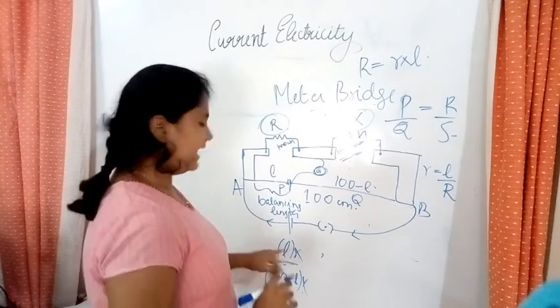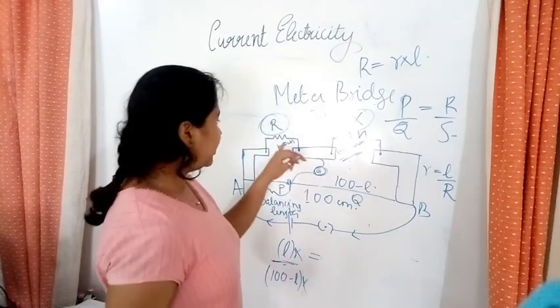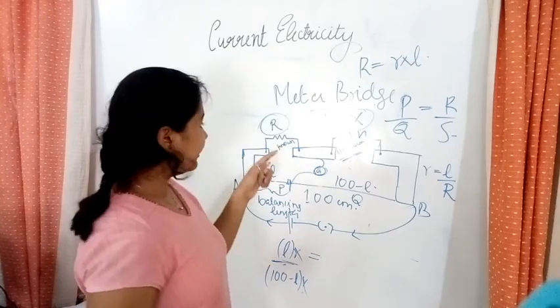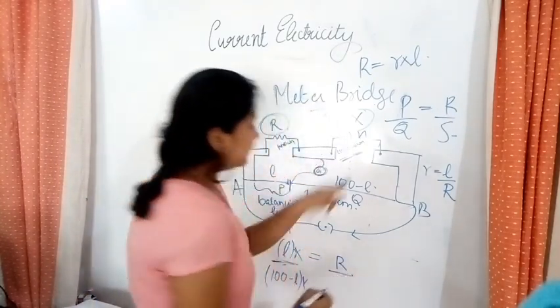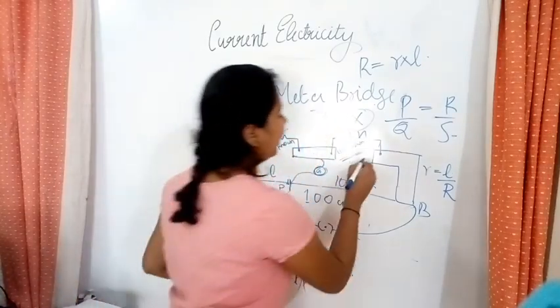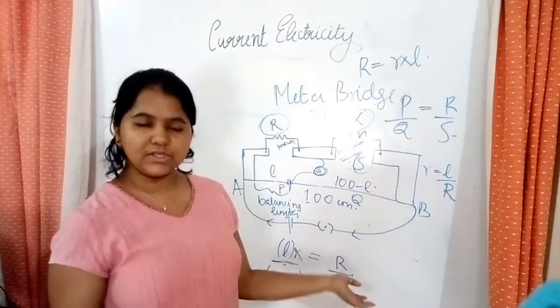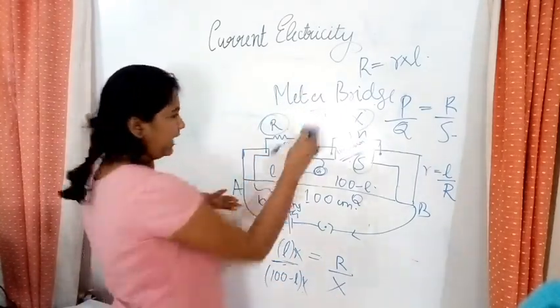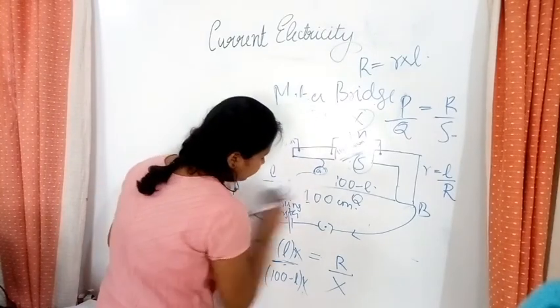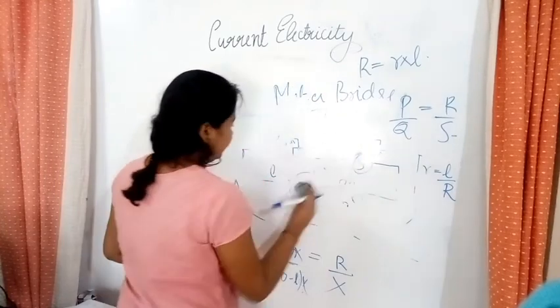Then it will become L by 100 minus L is equal to R by X, because we know the value of R. So we substitute X for S. Now is it easy to find out the value of X? Let's see how to find it. I'm erasing the figure.